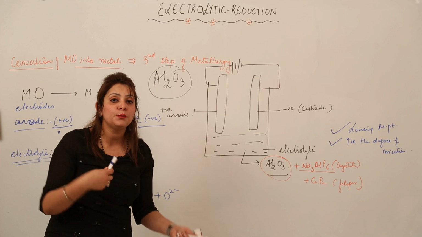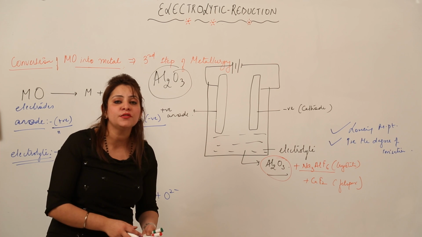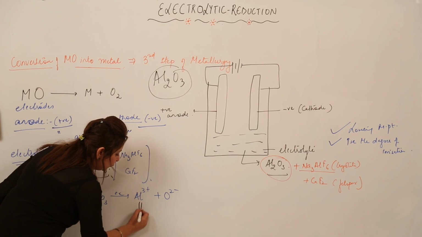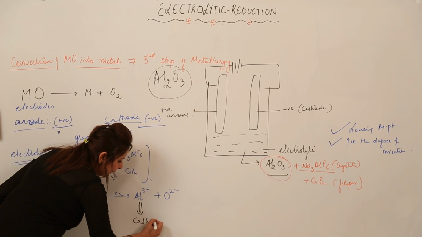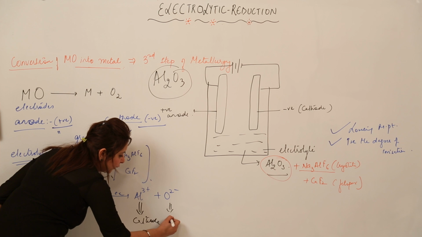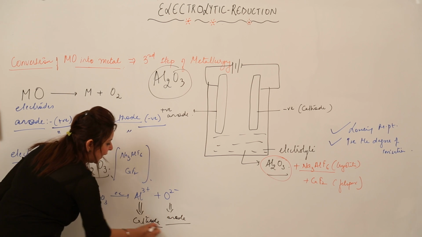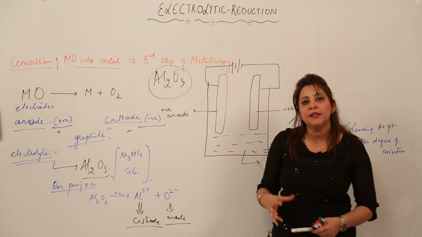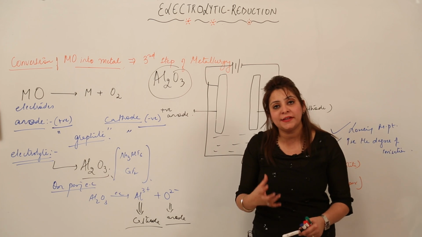So the positive ion moves towards the cathode, the negative electrode, and the negative ion moves towards the positively charged electrode, that is, the anode. On reaching the cathode and anode, they perform their respective reactions.